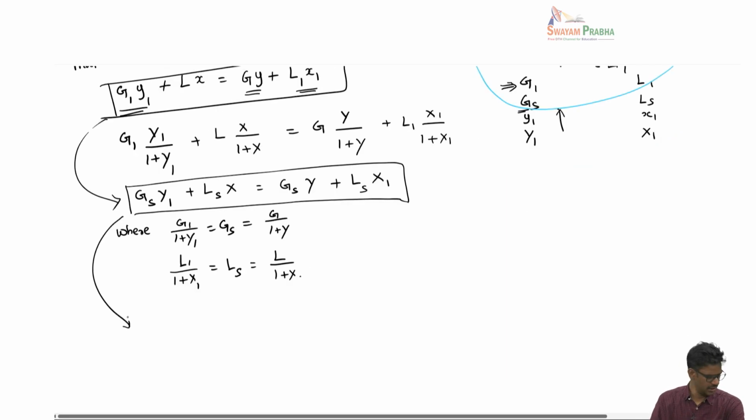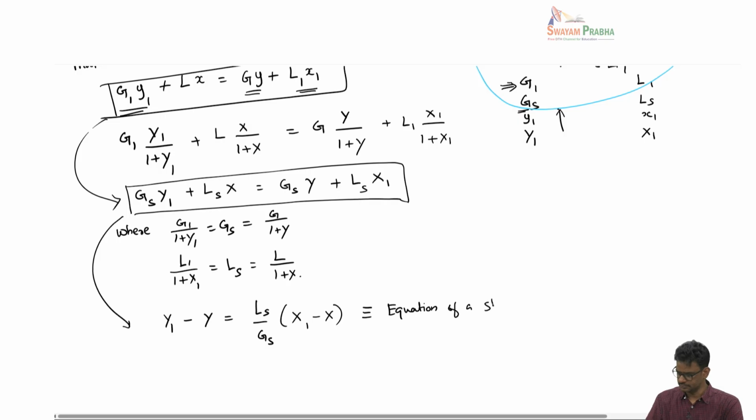So from here we can rearrange. This is an equation of a straight line. It has a slope of Ls by Gs, and this is what we call an operating line also.